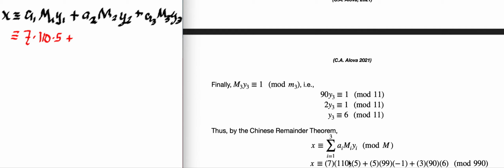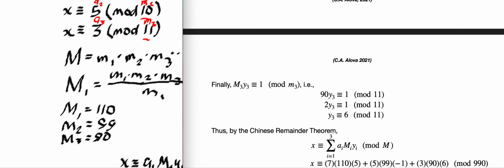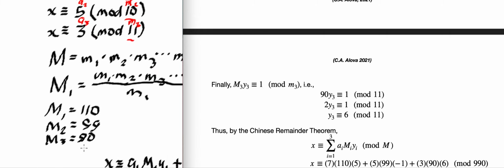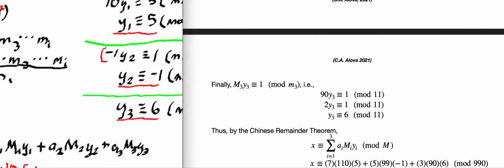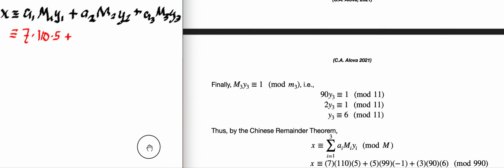Okay, now this is just the same here. How about our a sub 2? A sub 2 is 5. Our big M sub 2 is 99. Our y sub 2 is minus 1. So hence what we're going to put here is 5 times 99 times minus 1, plus, what's your a sub 3?